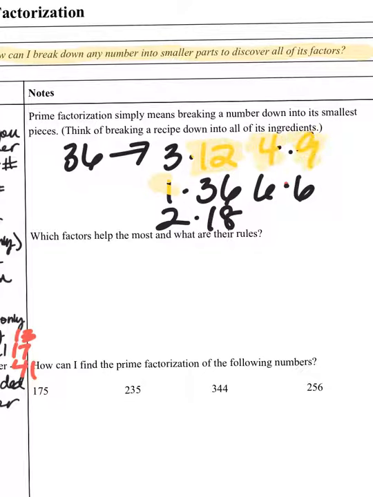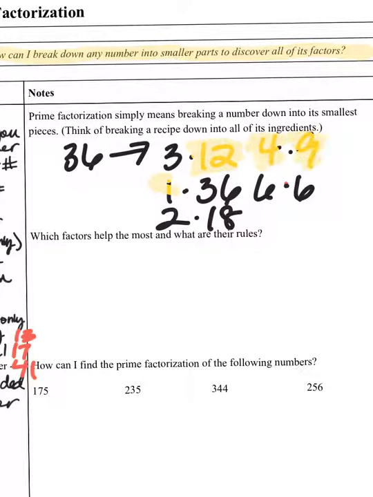Okay? So let's see which factors are the most helpful and what are their rules. So let's just think about those. Let's think about the number 2. Okay? So any even number can be divided by 2. Right? You can cut it in half and you won't have anything left over.